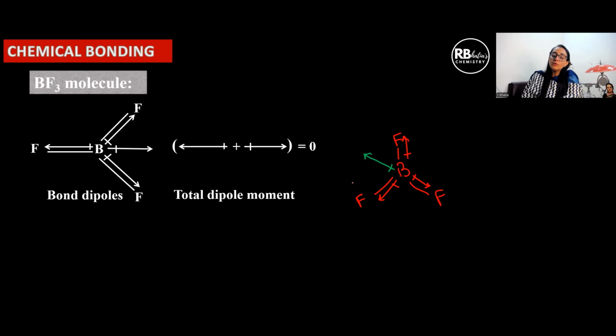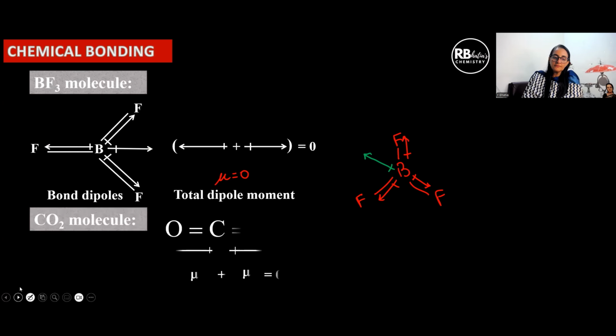Hence, the total dipole moment comes out to be 0. Mu is going to be 0 for the BF3 molecule. Why? Because the dipoles ultimately cancel off. I repeat, this and this are going to have their vector sum in this direction, which is going to cancel off this dipole in the opposite direction. So the net dipole is going to be 0, and this is a symmetrical molecule with no lone pairs.